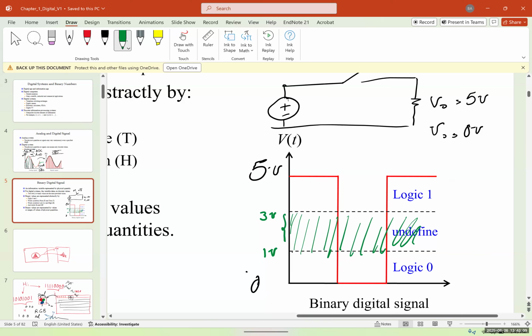It's unacceptable. It's not the logic of 1 and not the logic of 0. So here we have the logic of 1. Let me draw it with a different color. And here we have the logic of 0. 1 and 0. So this is a binary system. Binary means we have two levels, zeros and ones. Okay.